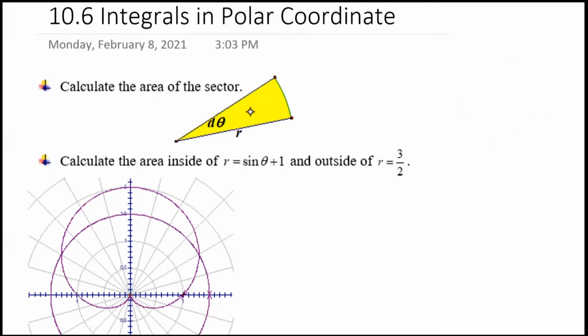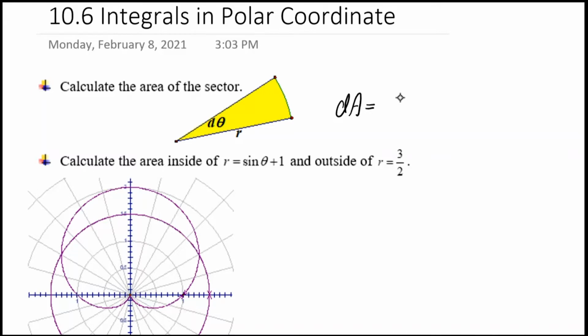So let's say this is a tiny little infinitesimal d theta, and we have to calculate that area. Do you remember the area of a sector formula? What is the area of a sector formula? N over 360 pi r squared. Oh, okay.